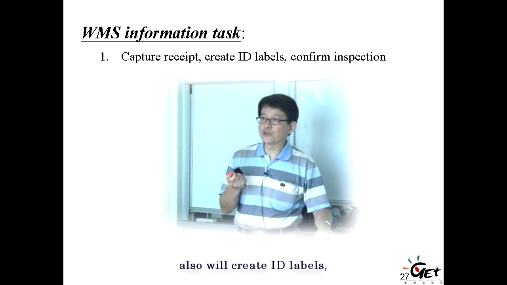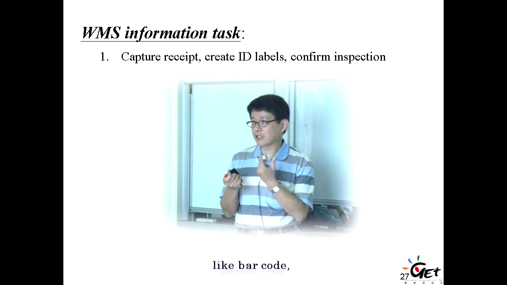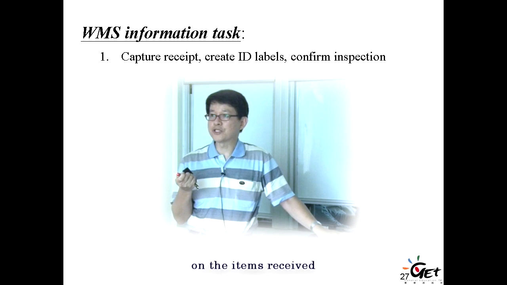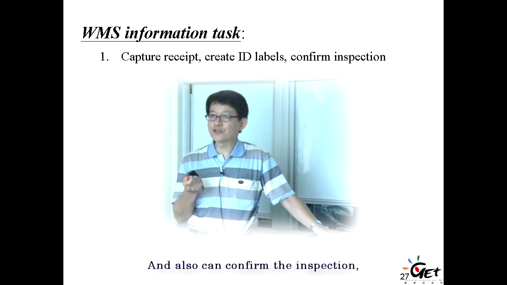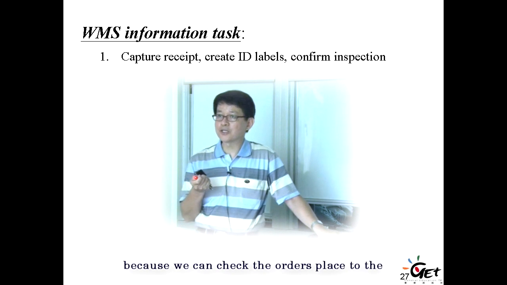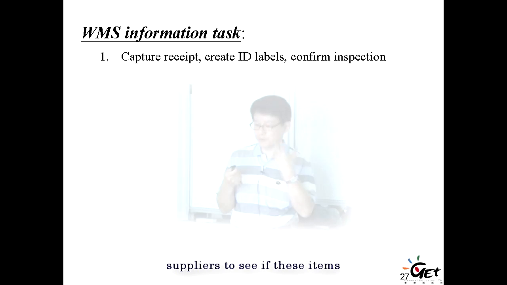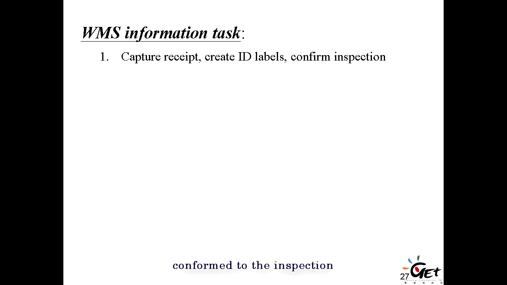Also, it can create ID labels like barcodes, and place barcodes on the items received. Right? And also it can confirm the inspection, because we can check the orders placed to the suppliers and see if these items conform to the inspection. Then we can determine whether or not to accept these items.